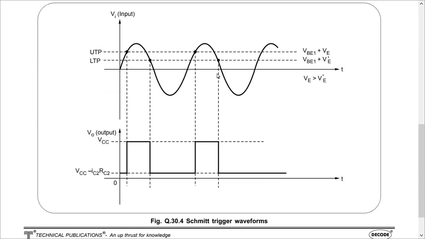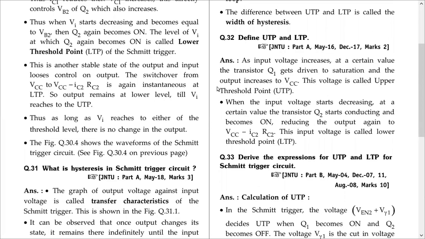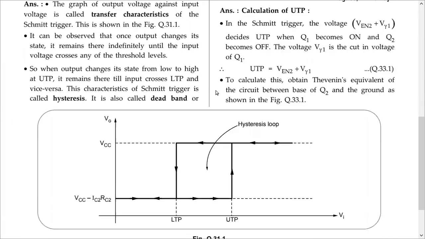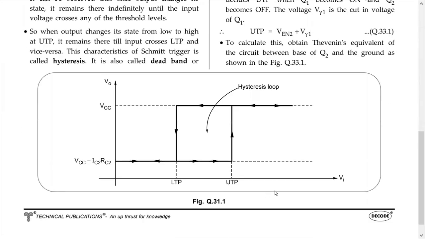So because of that, there is a hysteresis in the plot between the input voltage and the output voltage. On the x-axis is the input.